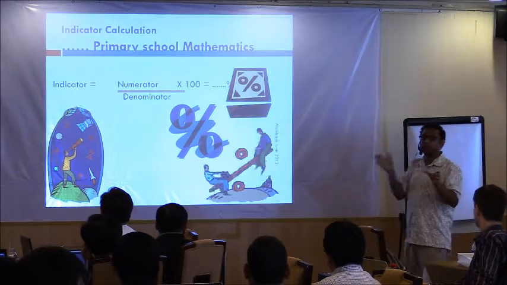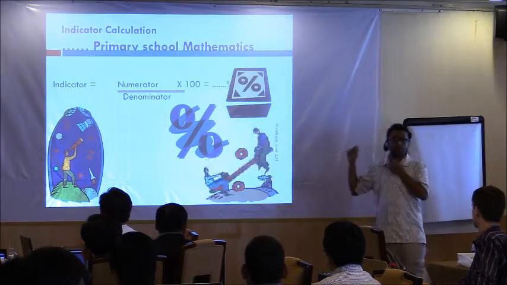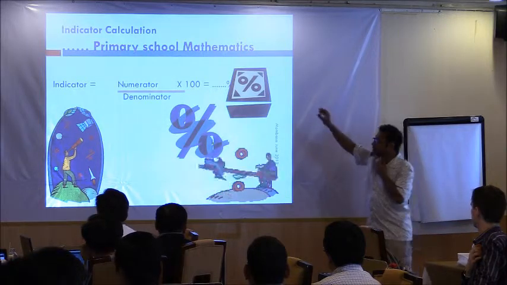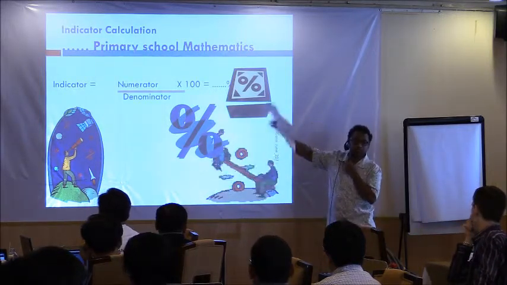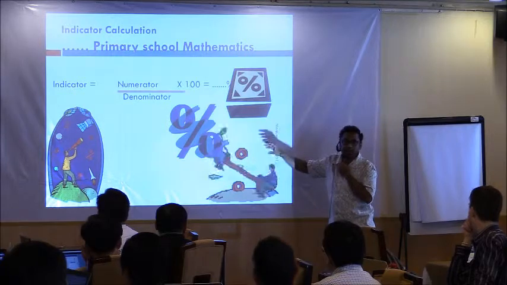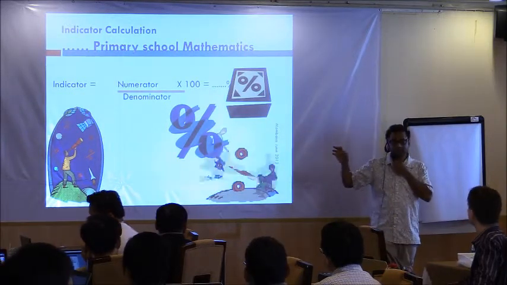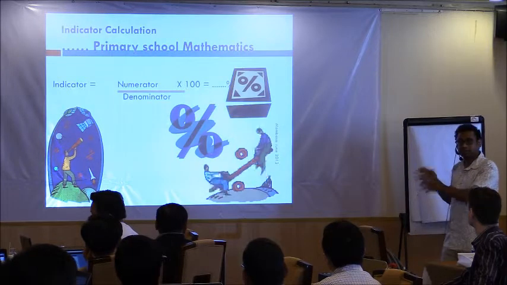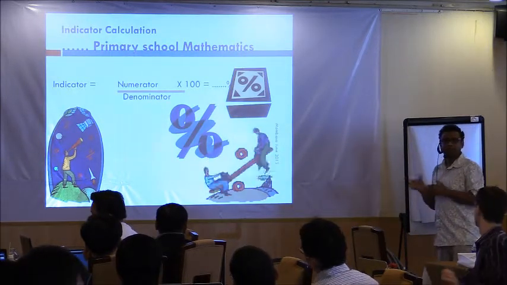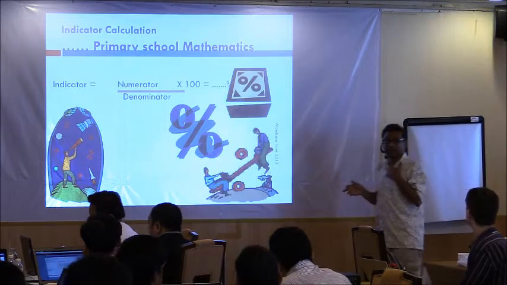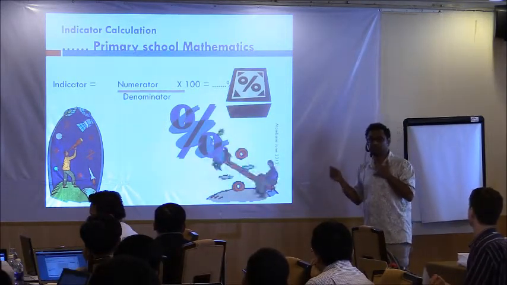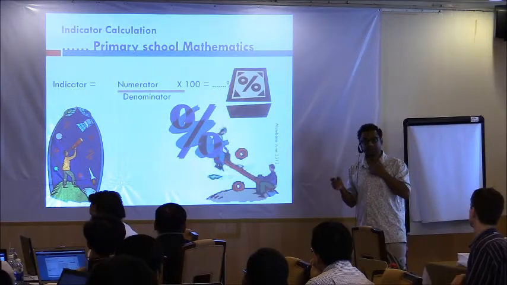So the expected number of pregnancies is what you use as the denominator. BCG coverage: the numerator is the number of BCG given, and the denominator is live births, or expected or projected live births. You can't use ANC, because BCG is given to children, and you can't use the total population.